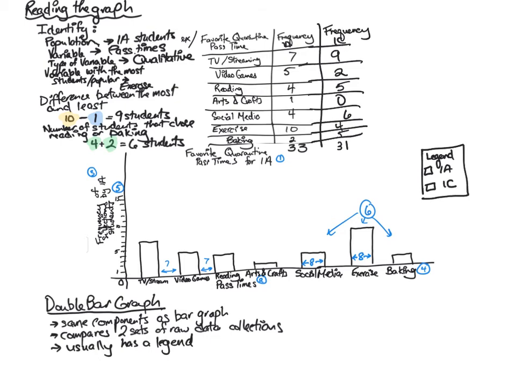And for example, it might have a color to it. It could also have stripes or patterns or anything to identify one versus the other. So let's say that 1C is going to be in red.